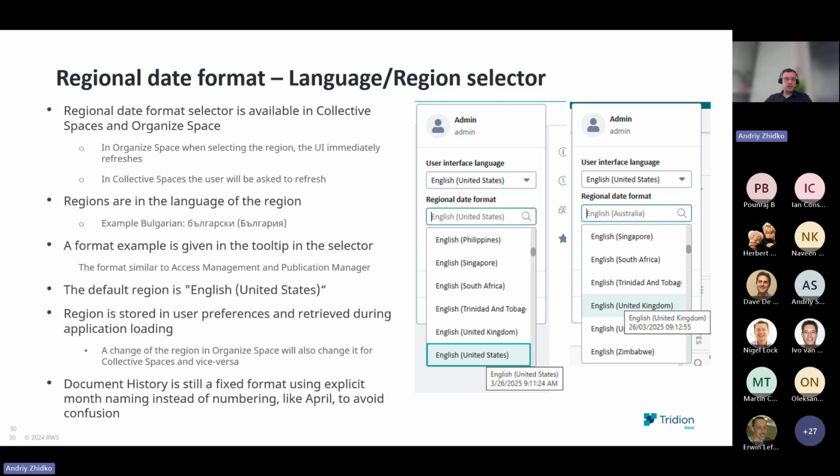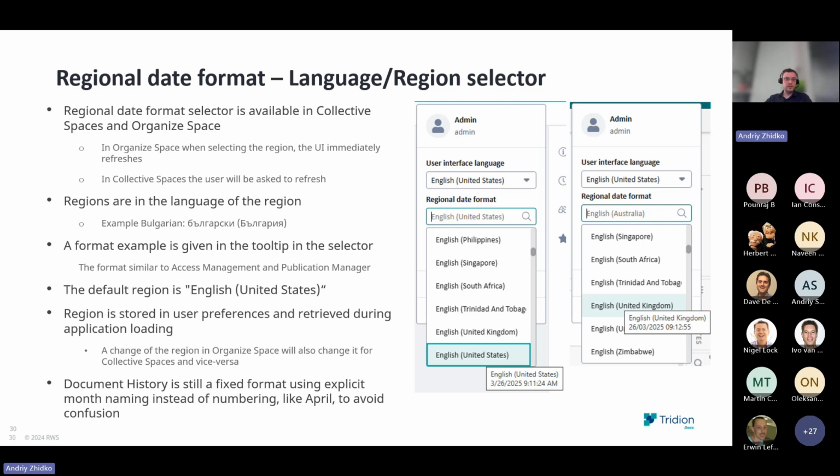Regions are displayed in the language of the region. For example, for Bulgarian, you will see it in Cyrillic. The format of the region is displayed in the tooltip, as you can see here, but I will also demo it.